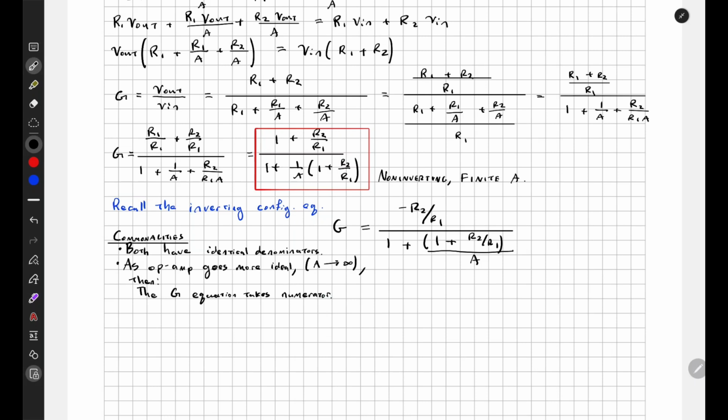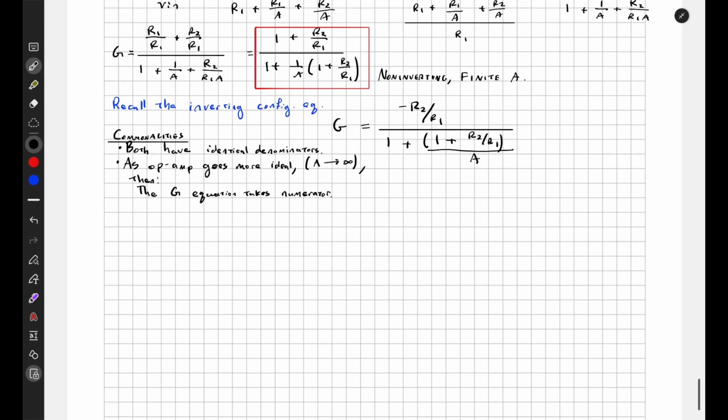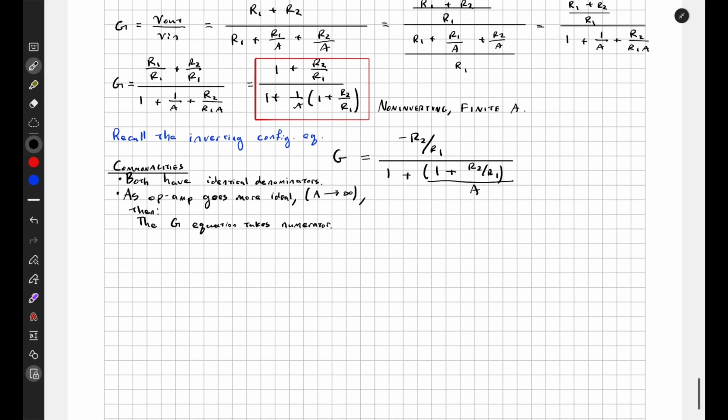So drawing a parallel to the non-inverting configuration, so now we're discussing this for the inverting, it's taken from the inverting configuration and applying it to the non-inverting configuration.